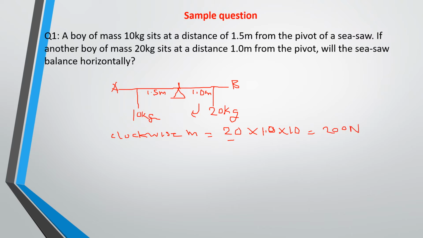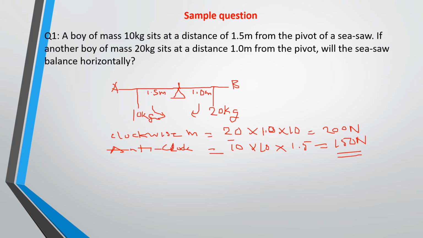Okay, then anti-clockwise moment equals 10 times 10, converting to Newton, times the distance, which is 1.5. So that gives me 150 Newton.